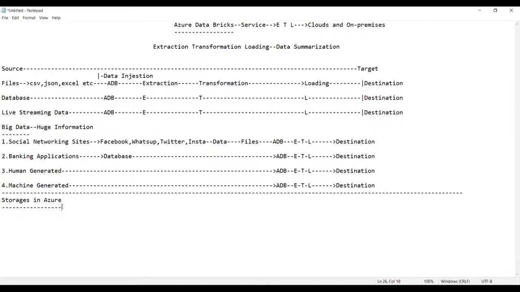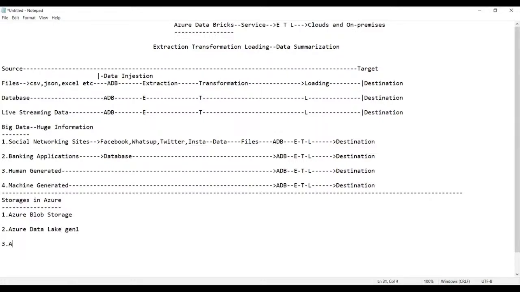So now, commonly used storage. What are those storages? Let us see. The first storage, I'm writing it here: Azure Blob Storage. Second one is Azure Data Lake Gen 1.